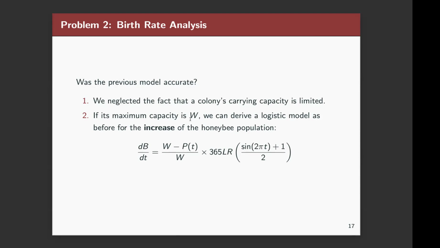That is the same W that we used before, and it's very important now that we consider a honeybee population. Here we did not derive the model from scratch, but as practice, I highly suggest that after leaving this class, you try to derive this yourself from what we did before, using the same logical flow.